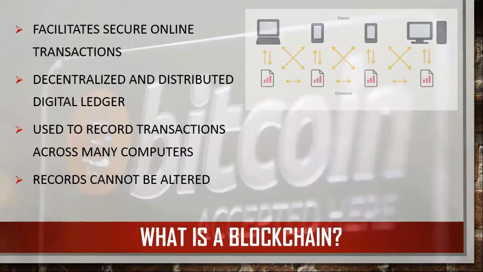Now the blockchain is used to record transactions across thousands of computers, so we can never alter any of the records on the blockchain. Once the transaction is verified, confirmed by the miner, it stays there forever, infinitely.